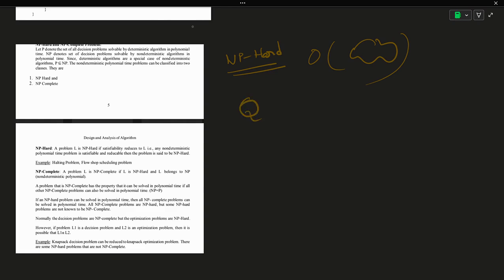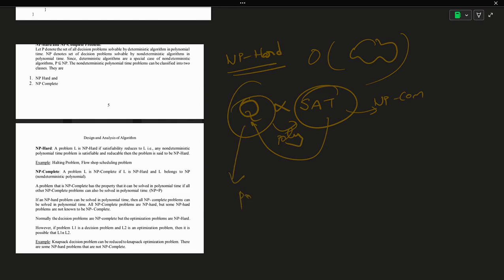If we are able to reduce that Q to the satisfiability problem in polynomial time, and we know that SAT can be solved because SAT is NP-complete, and hence this problem Q can also be solved in polynomial time. So if we are able to write some non-deterministic polynomial time algorithm for this problem Q, then it becomes NP-complete. What is NP-complete?